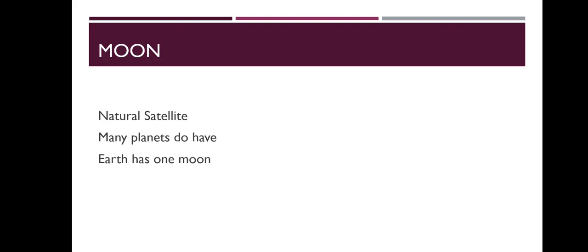A satellite that occurs naturally is called a natural satellite, and moon is a natural satellite. Many planets have moons. You already know that only Mercury and Venus don't have a moon. Besides Mercury and Venus, all other planets have their own moon, and there is only one moon present for the Earth.